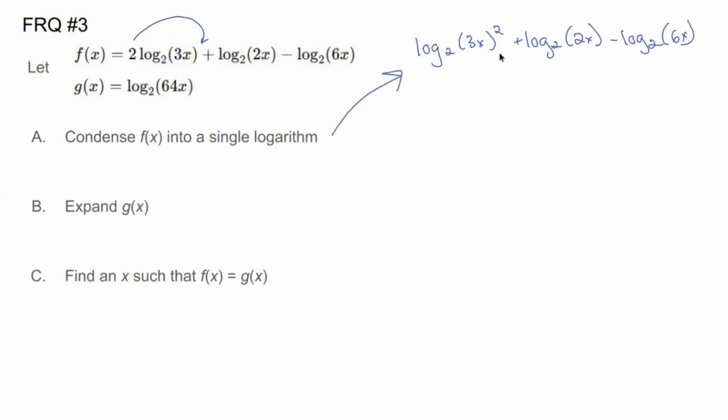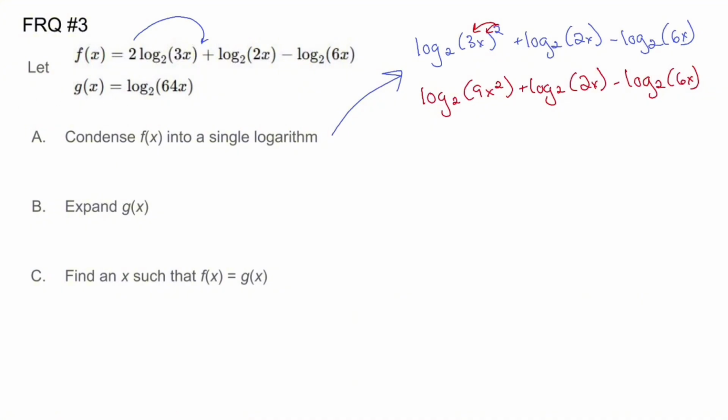Because when I square a parentheses, I square both parts of that parentheses, not just the x. So this actually becomes log base 2 of 3 squared, which is 9, x squared, plus log base 2 of 2x minus log base 2 of 6x.